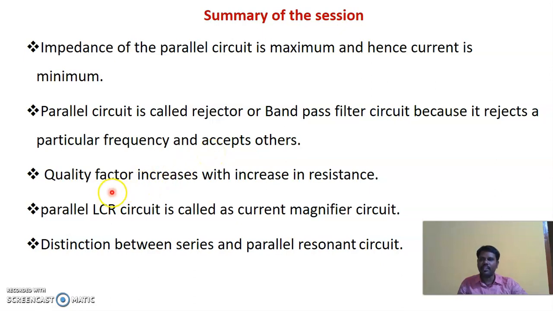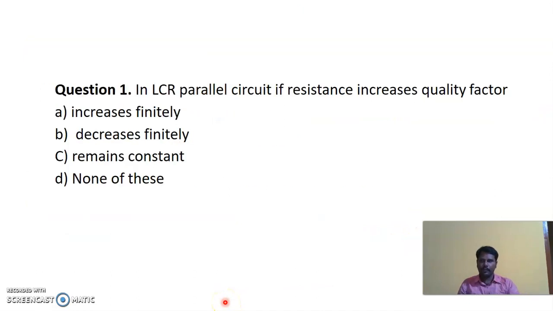The quality factor increases with the increase in resistance. Parallel LCR circuit is called a current magnifier circuit. In an LCR parallel circuit, if the resistance increases, the quality factor increases infinitely.